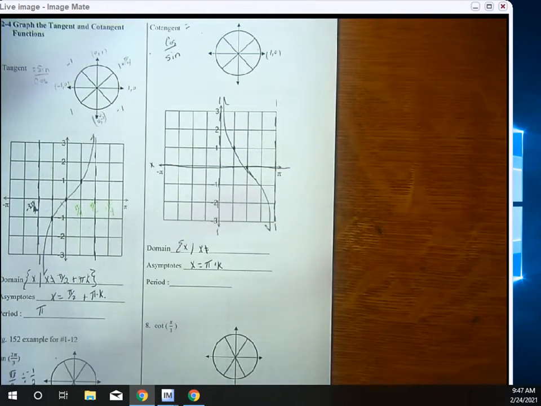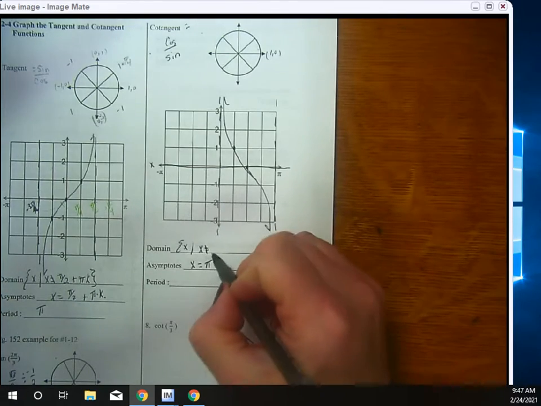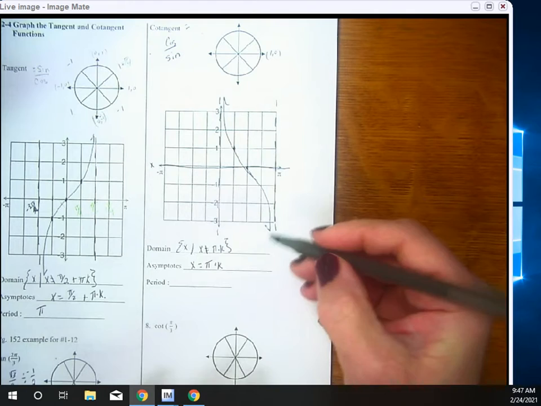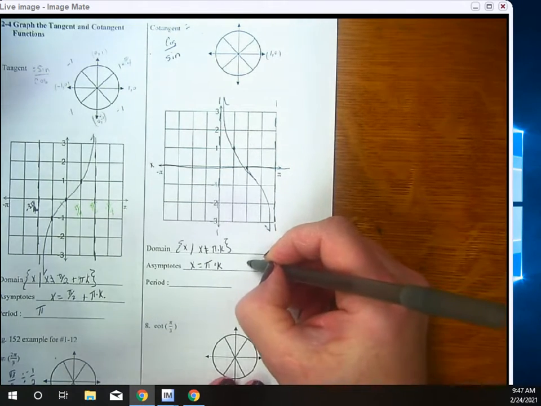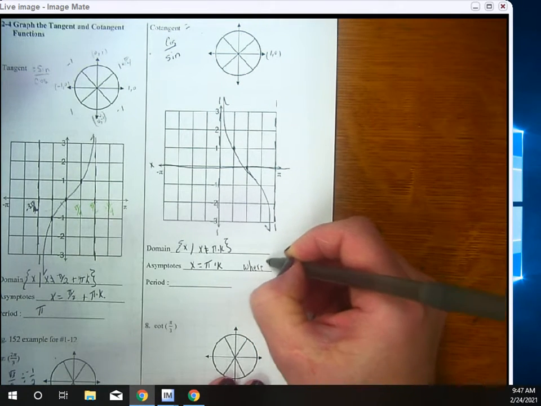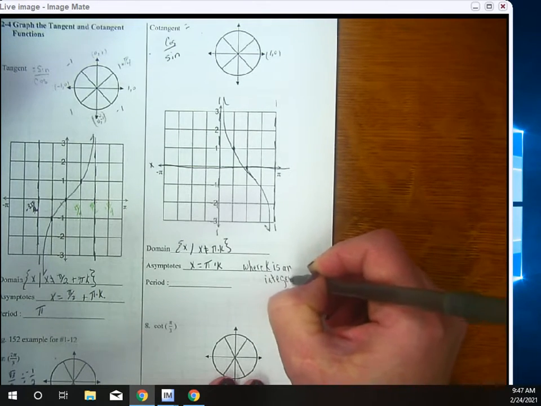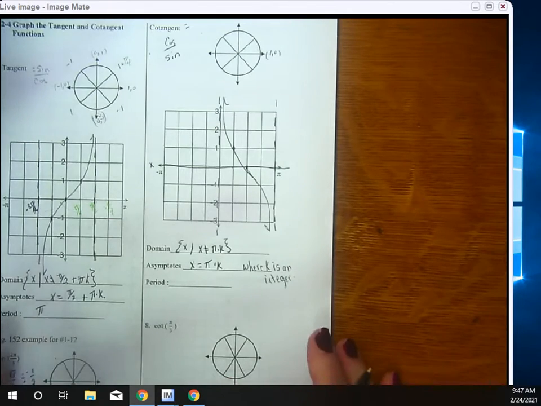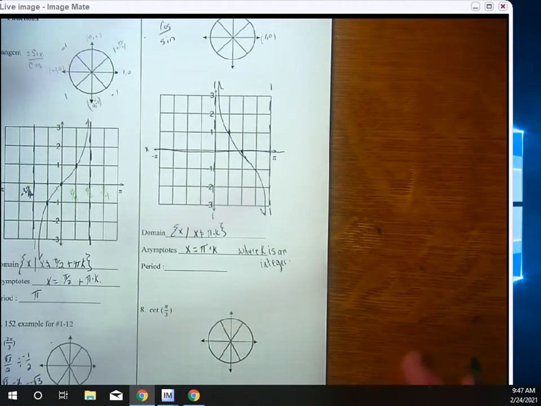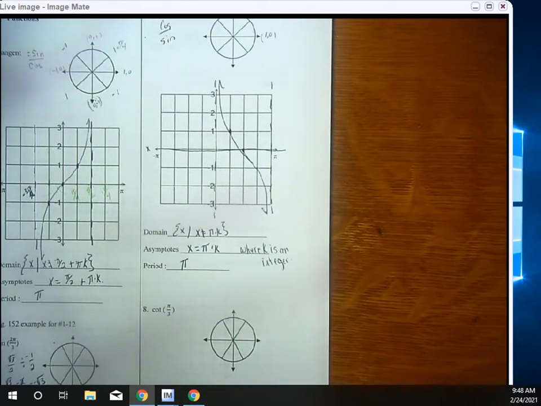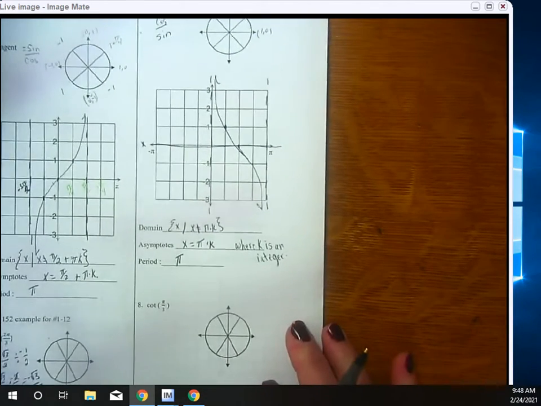So our domain is all real numbers except for those asymptotes, where k is an integer. And it's important that you go ahead and put this little stipulation of what k is. Sometimes there are odd numbers, so you want to make sure that you distinguish that. Just like the period for tangent is 1 pi units and then it starts over, cotangent is 1 pi unit.